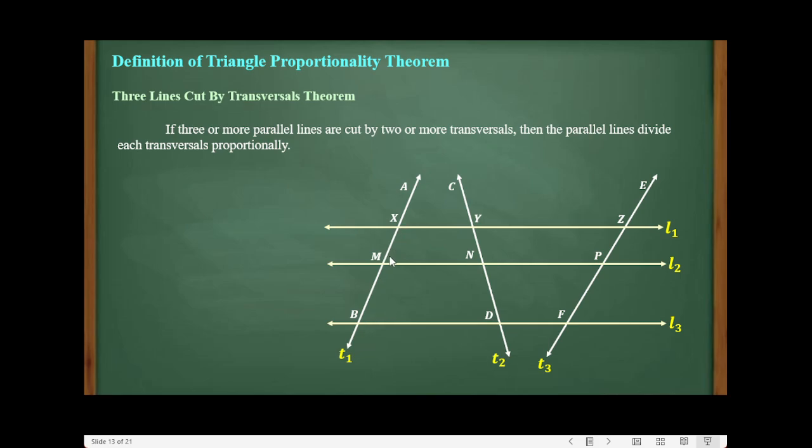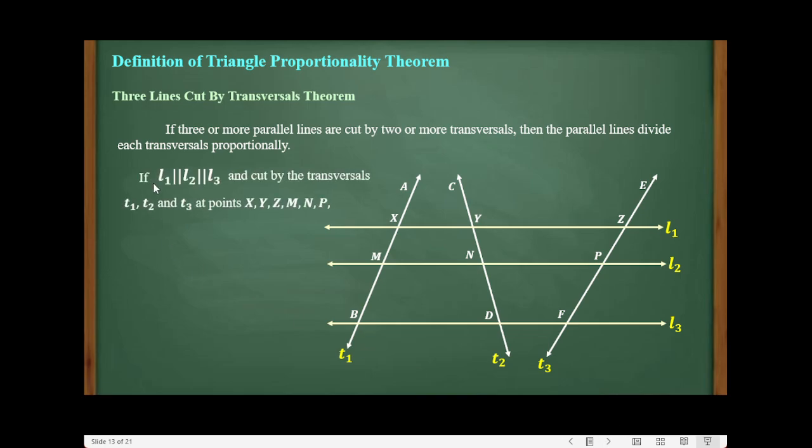And these are points X, M, B, points Y, N, and D, together with points Z, P, and F. So, based on the theorem, if these three lines, L sub 1 to L sub 3, cut T sub 1, T sub 2, T sub 3, then these parallel lines divide each of the transversals proportionally. So what does this mean?